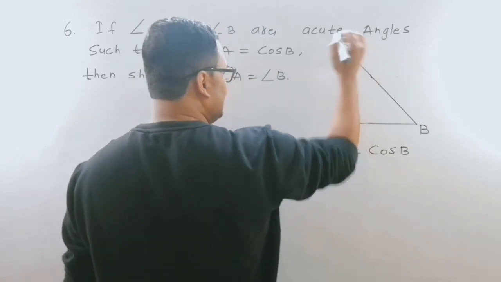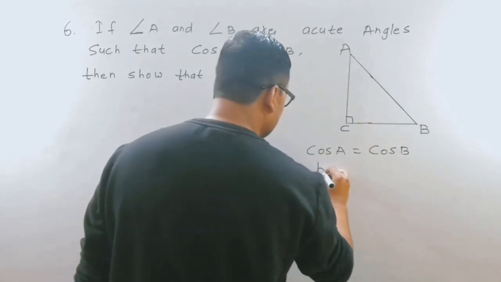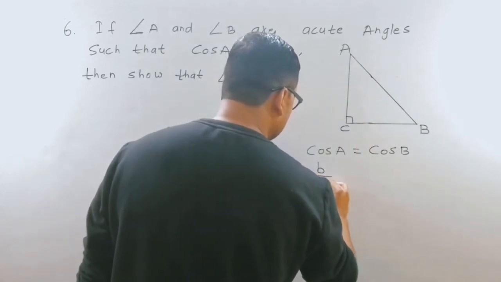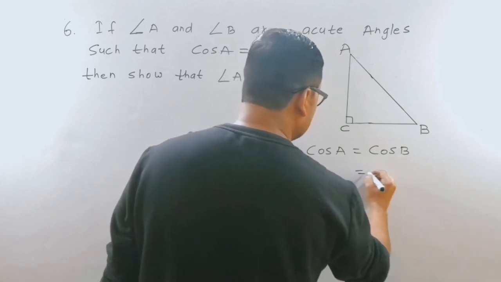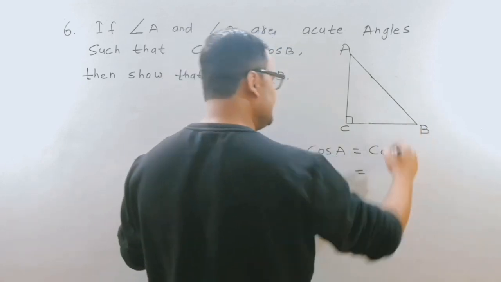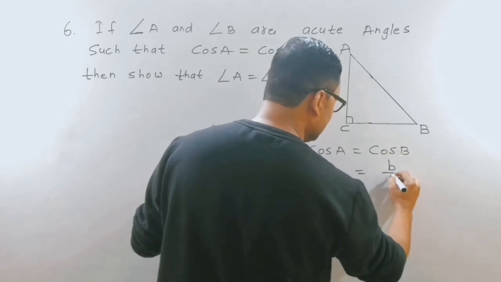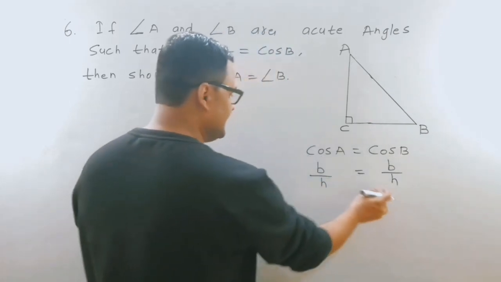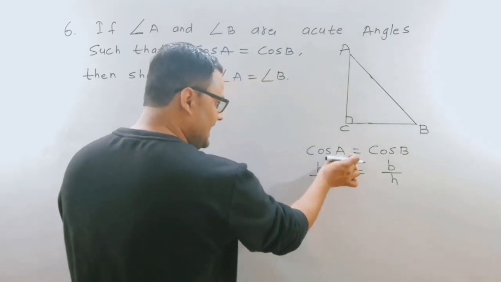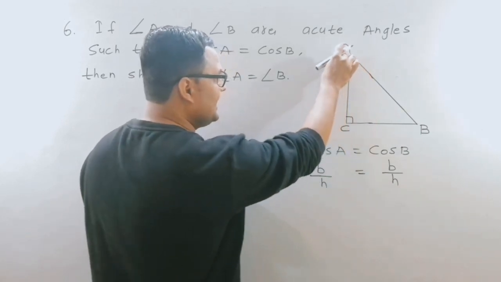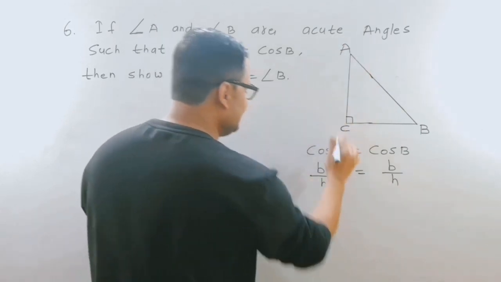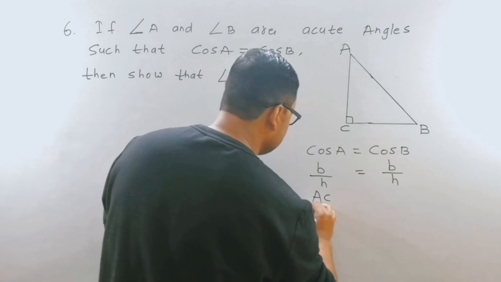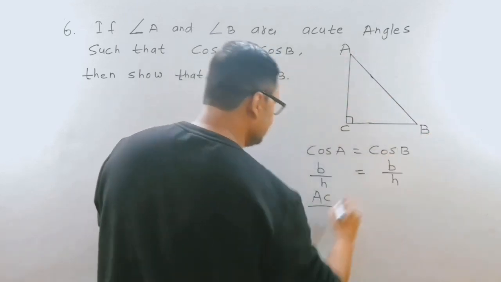Now for this angle A, cos A equals B by H, and again for this angle, cos B is also equal to B by H. Cos simply means B by H, but just check the angle. For angle A, the base is AC and the hypotenuse is AB.